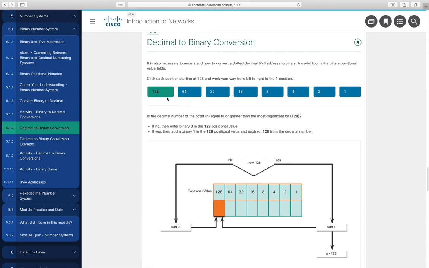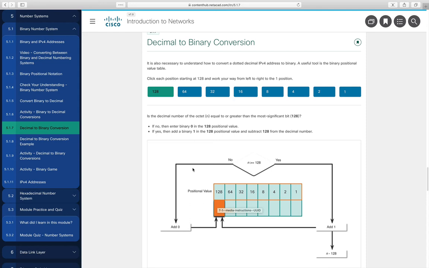But basically you say, from the number I'm converting, the decimal number, can I subtract 128? If the answer is yes, I will put a 1 in the 128 position, and then I will actually subtract 128 from the number I'm converting. I will take the result of that subtraction and then say, can I subtract 64 from this value?